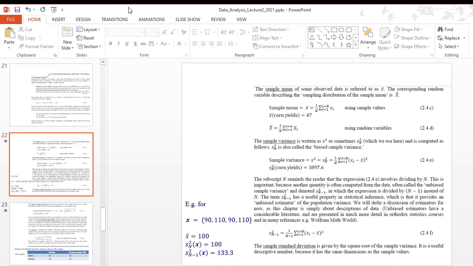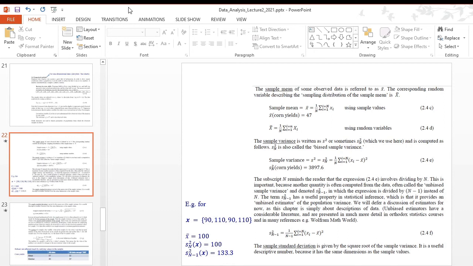The reason why people, and your calculators, have access to an s squared subscript n minus 1 is that it is simply obtained as equation 2.4f, substituting in equation 2.4e your n for n minus 1. This comes up with a different value, as it happens for this data set, 133 and a third.